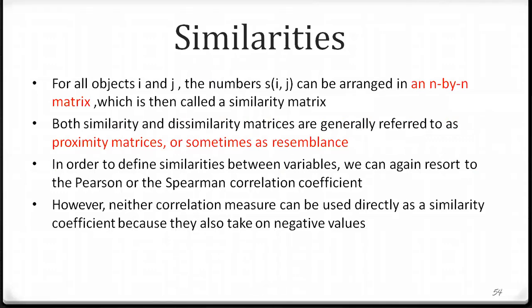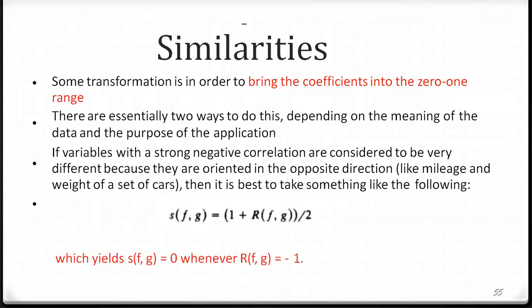We can go to Pearson and Spearman correlation coefficients to understand similarities, but you have to deal with some numbers, because the correlation coefficients range from -1 to +1, but here values range from 0 to 1. To deal with that, we have this formula: similarity of f comma g equals 1 plus r of f comma g divided by 2.